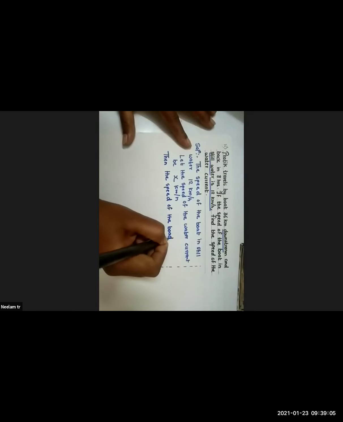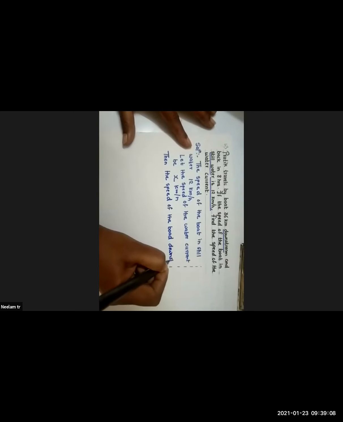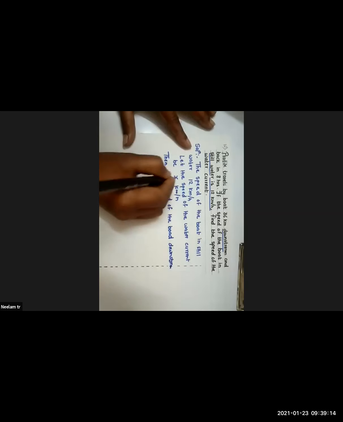Let the speed of the water current be x kilometer per hour. Then the speed of the boat downstream will be 12 plus x kilometer per hour.